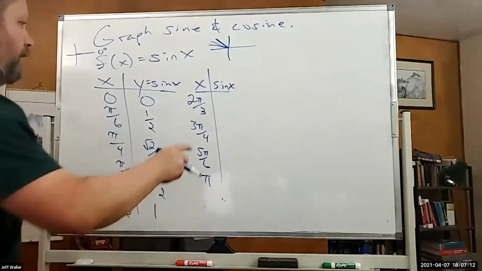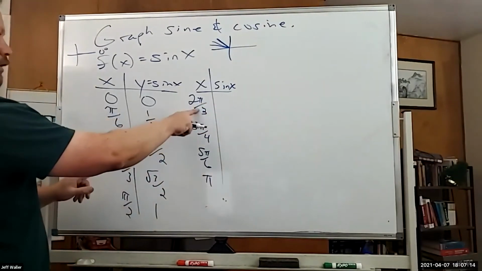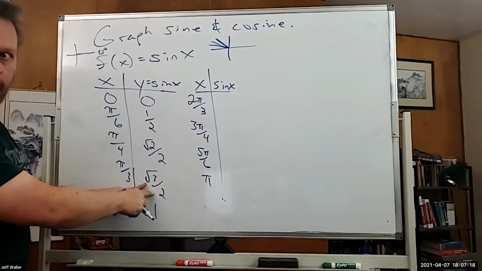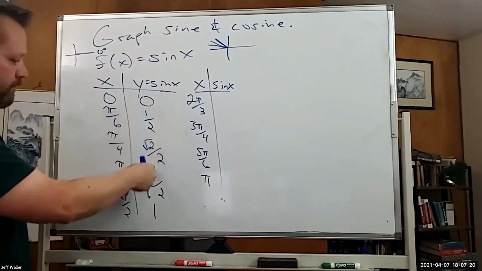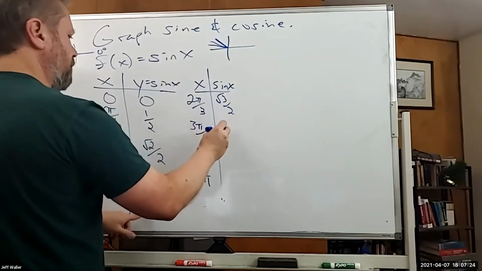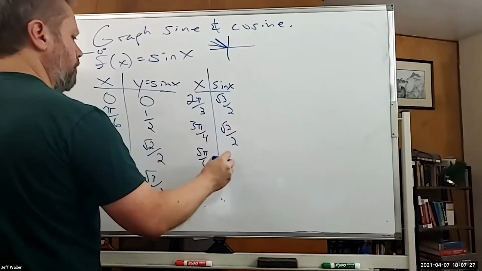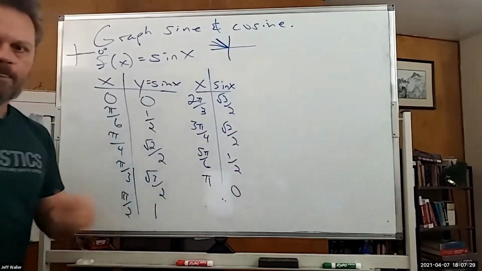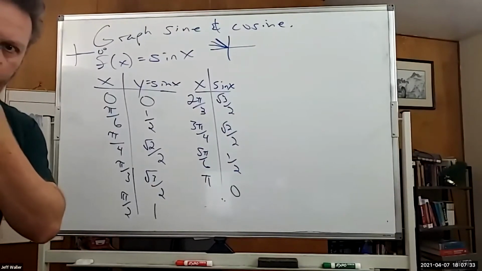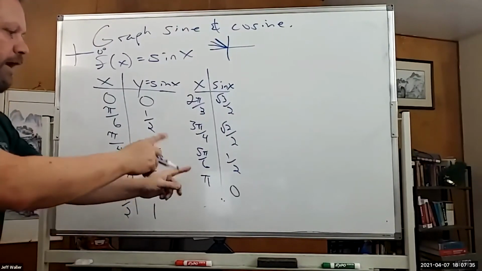So what I just pointed out also helps you with the outputs. That goes with that reference angle. So what's the output here? That one. Right, so it builds up to 1, and then it shrinks back down to 0. All right, and what's it going to do after this?